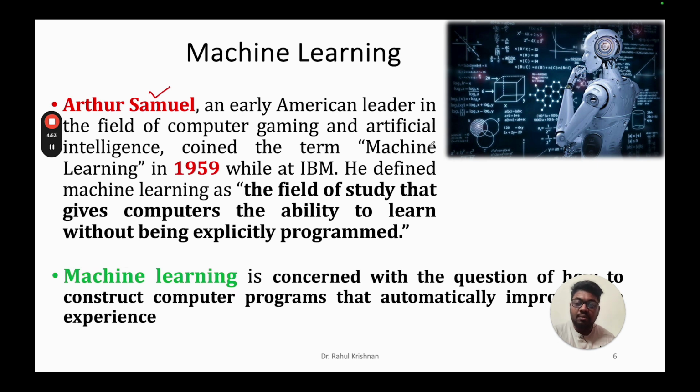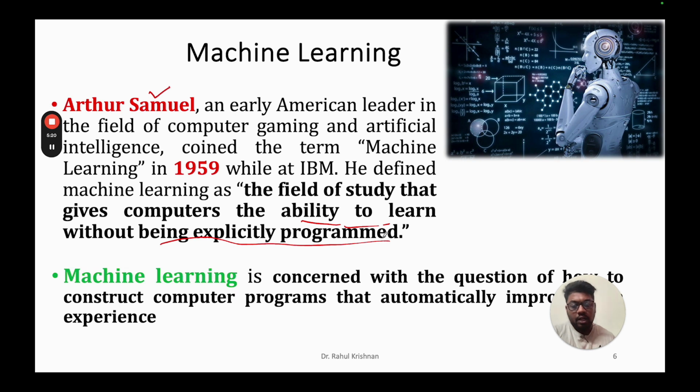He defined machine learning as a field of study that gives computers the ability to learn without being explicitly programmed. So we are not going to give any specific programming to learn from something. The computer starts learning itself without being programmed. That's the definition he gave for machine learning.